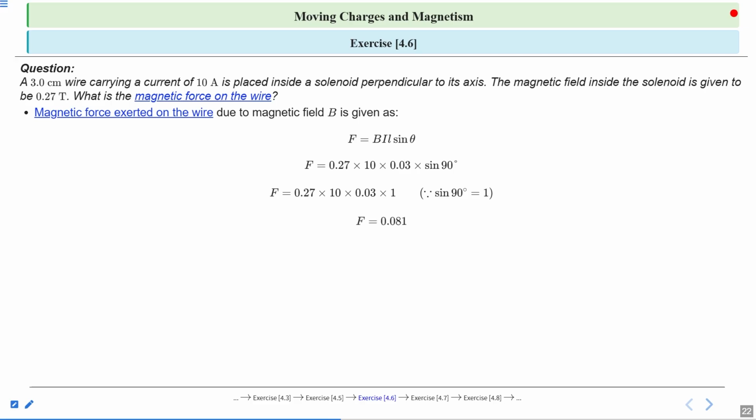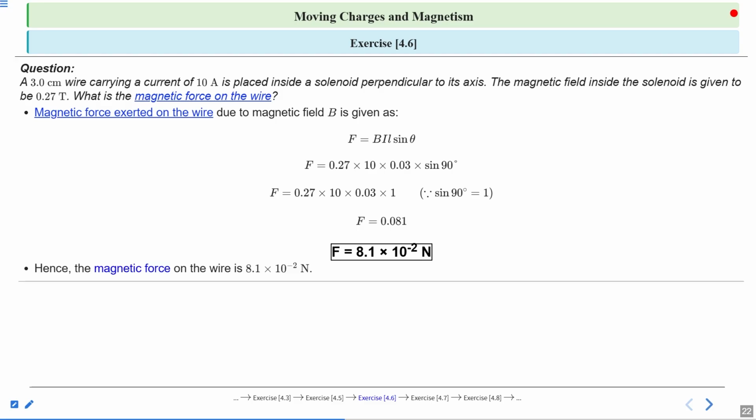So F is equal to, after solving, 0.081. So force is equal to 8.1 into 10 raised to power minus 2 Newton. This is the magnetic force on the wire placed inside the solenoid. Hence, the magnetic force on the wire is 8.1 into 10 raised to power minus 2 Newton.